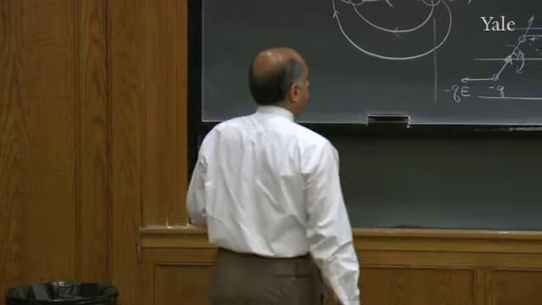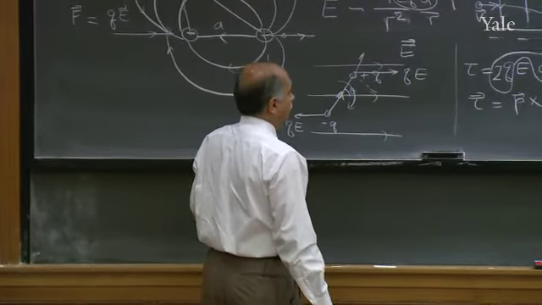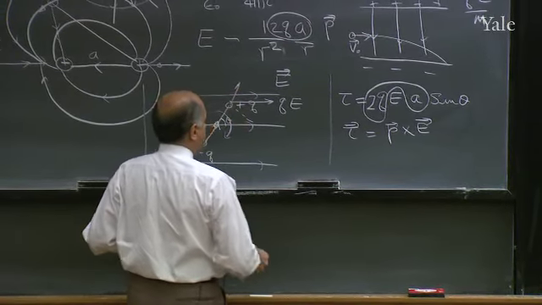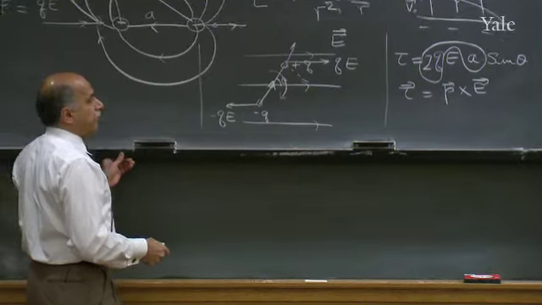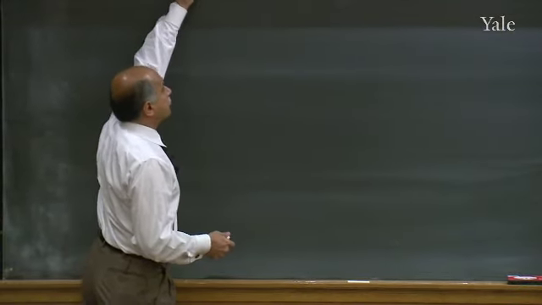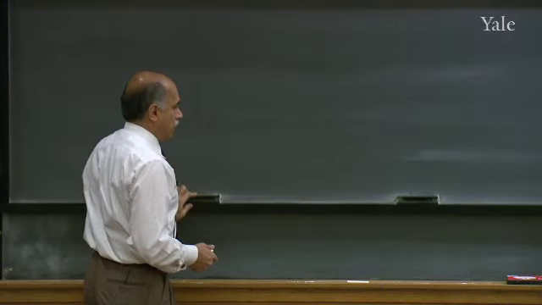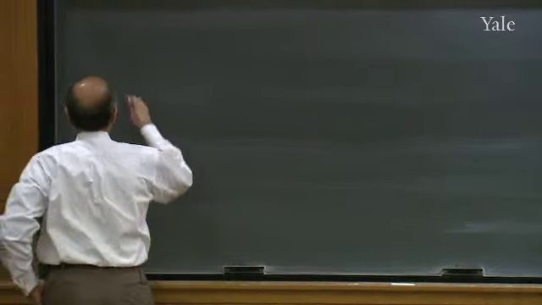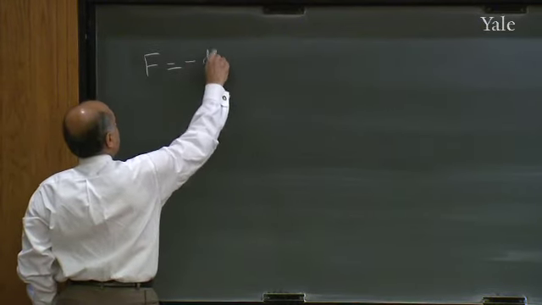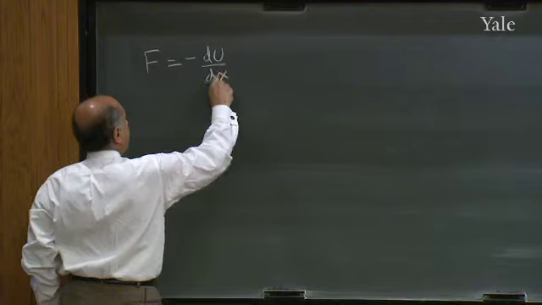Okay, final thing I did, which is, if you have a force, you can associate with that force a potential energy. Again, this is something you must have seen last time, but I will remind you. As long as it's not a frictional force, you can say the force is connected to potential energy in the following fashion.